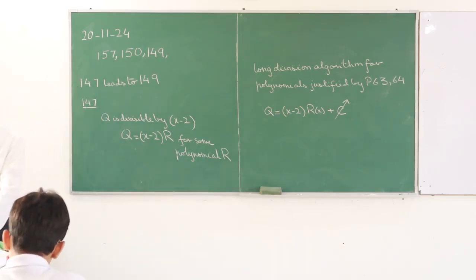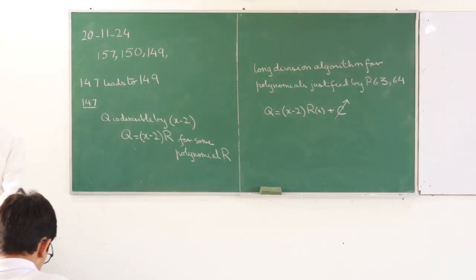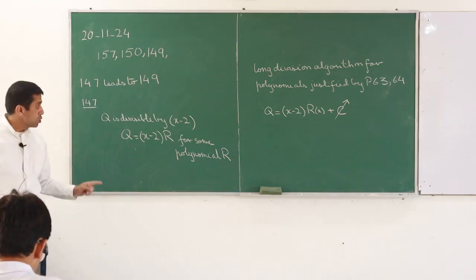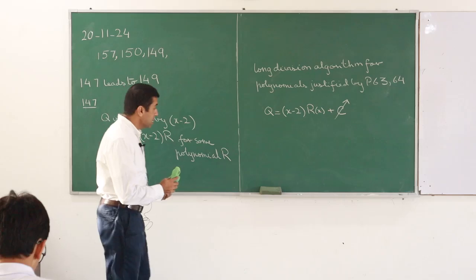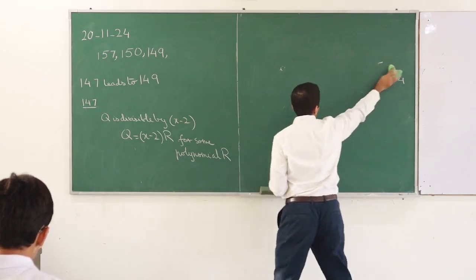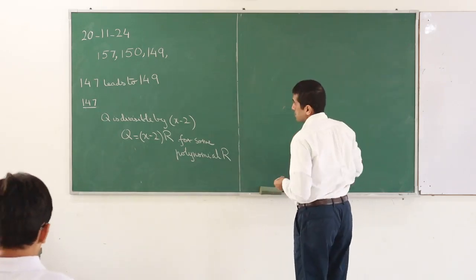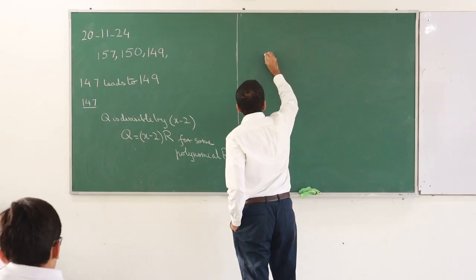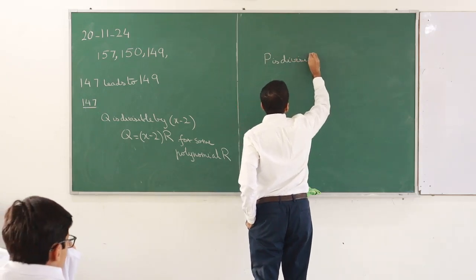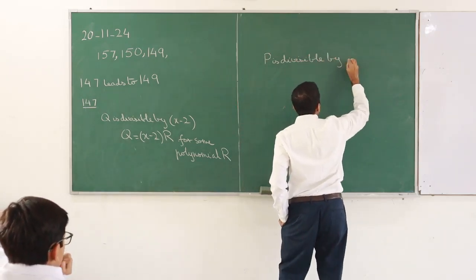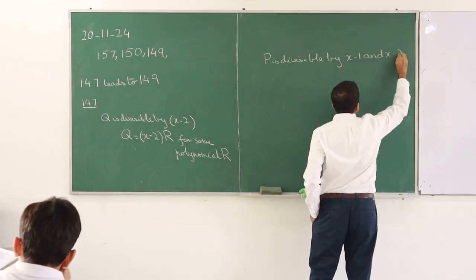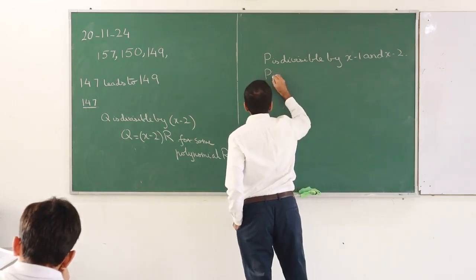Okay, so now our question was, we were understanding question 147. The logic of 147 is, very simply, that P is divisible by x minus 1 and x minus 2, and we have to prove P is divisible by the product.